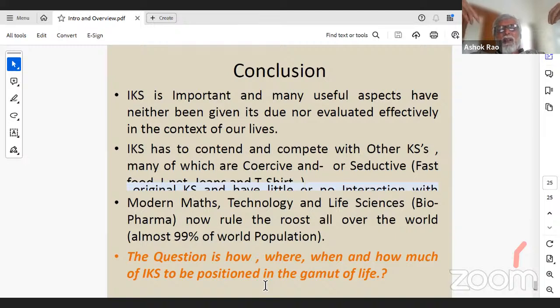For example, for the last 40 years, I have been using only dhoti, kurta, and pajama, cotton, and I get it stitched locally. Why? It is expensive, but what is important is when I get it stitched, 50% of the money of the clothes goes to the tailor who stitches.